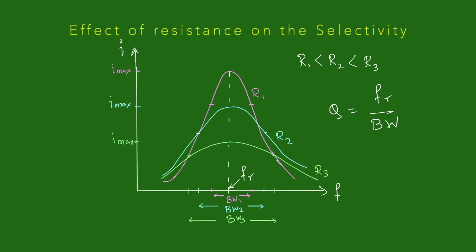Change in the resistance of the circuit is not changing the resonant frequency, but it is increasing the bandwidth, and hence the Q factor of the circuit will go on decreasing as the resistance in the circuit increases. This shows that Q factor also decides selectivity of the LCR series circuit. The circuit with smaller pure resistance will have higher Q factor and it will have good selectivity for the resonant frequency.